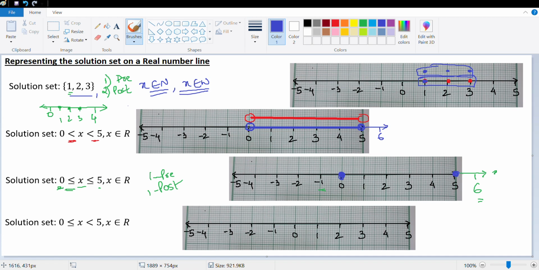So I put one filled circle on 0, one filled circle on 5, and then I join them using a line. Again, two ways of doing it, on the number line itself or slightly above the number line. Again, please notice that you will put a filled circle here and a filled circle here, and then you will join these two points using a line.